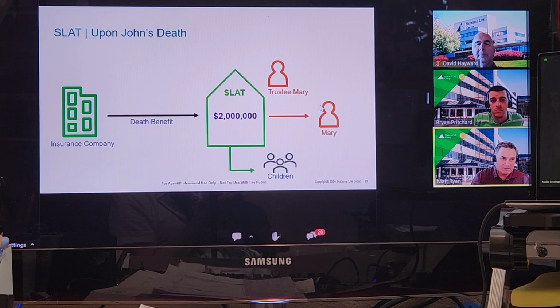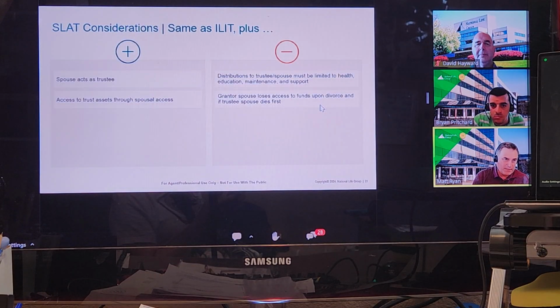So once again, let's take a look at the benefits of this type of trust and the disadvantages. The benefits are that the spouse acts as the trustee, which gives indirect access to the assets of that trust, in this case the life insurance, including the cash surrender values and including the ABRs if the trust is drafted appropriately.